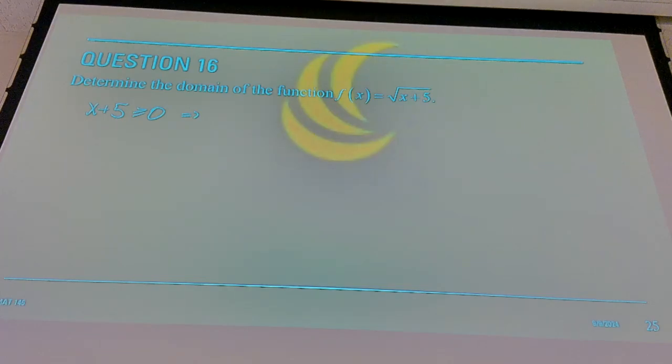Which means what? X is greater than or equal to -5. Are there any other restrictions? Nope, that's it.